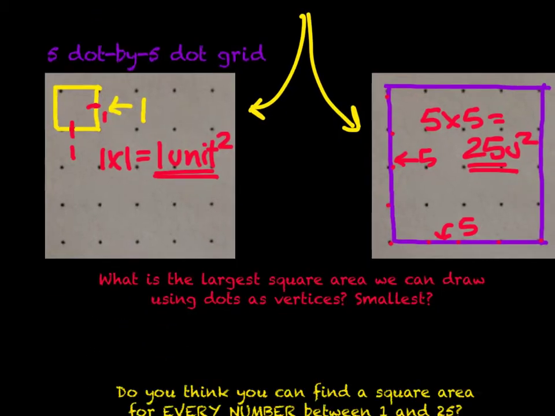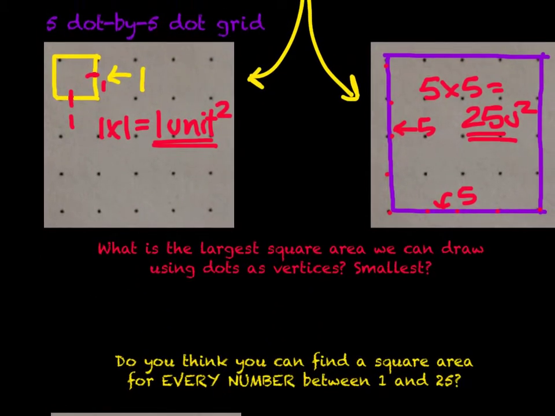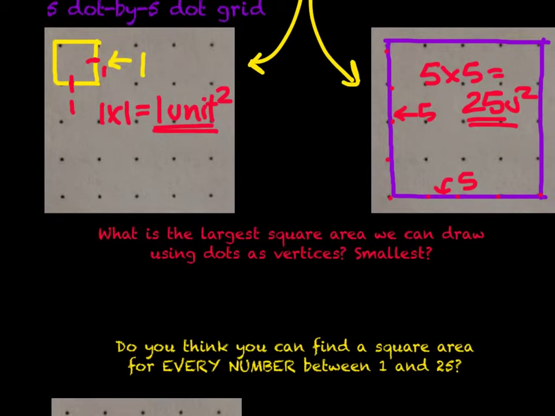So let's take this concept a step further. What is the largest square area we can draw using the dots as vertices? And make sure you're using square area. So I want you to be drawing squares. Not rectangles, not triangles, squares. And I want you to figure out, if the dots were vertices, how big could we get?